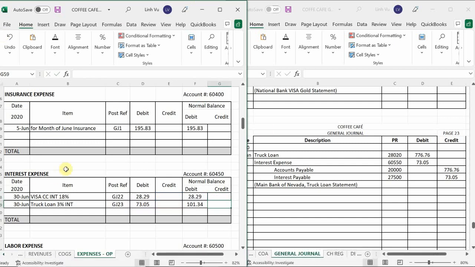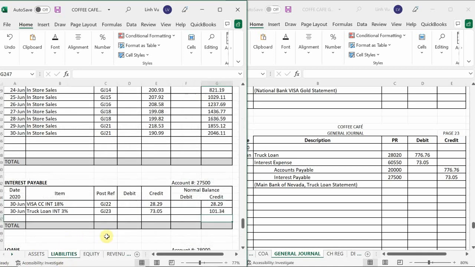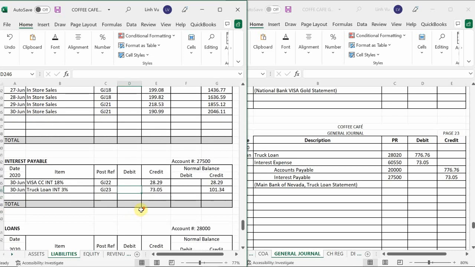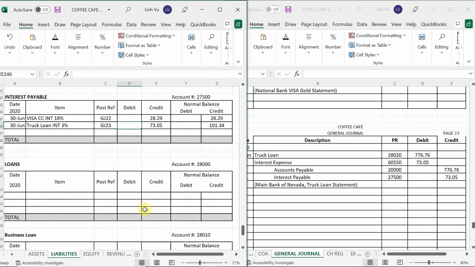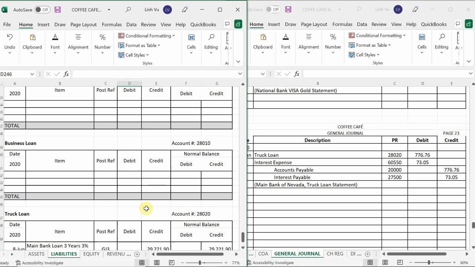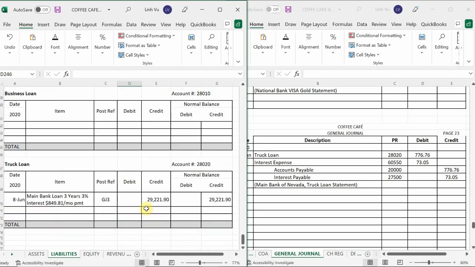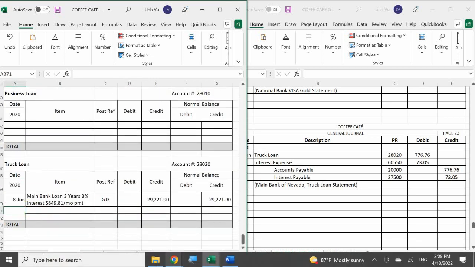All right, so my interest payable is a credit for $101.34. You could go ahead and scroll down since my truck loan is here anyway. Here you can say you got your truck loan statement.